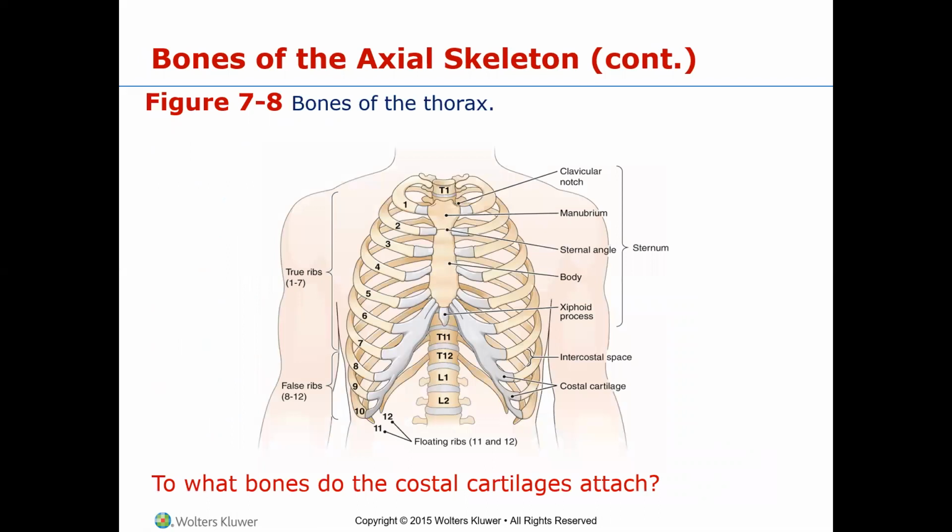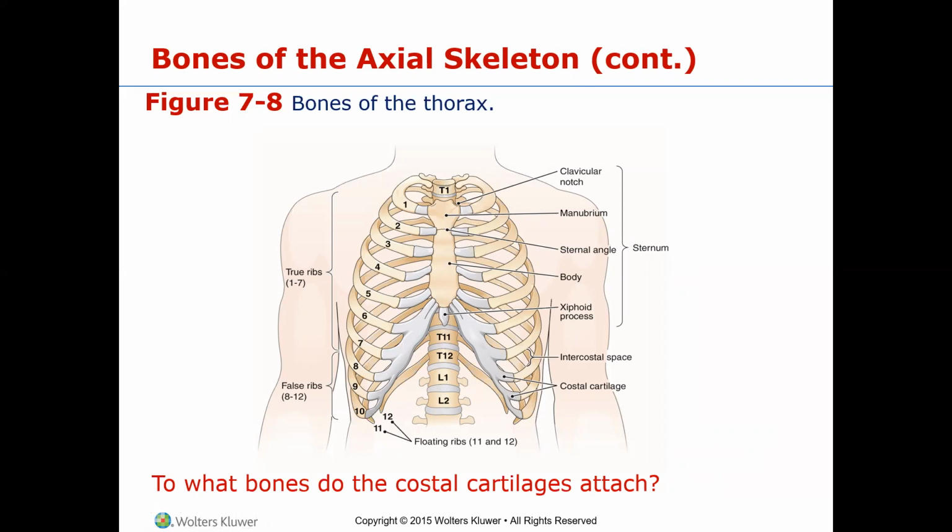So if we look here, you should be able to note all of these markings and identify the bones in the thorax. Starting with the breastbone itself, we have the manubrium, and it looks like a kind of T shape, and then we have the body of the breastbone, and then we have the xiphoid process, which in children is made of cartilage, and then it gets built into bone.